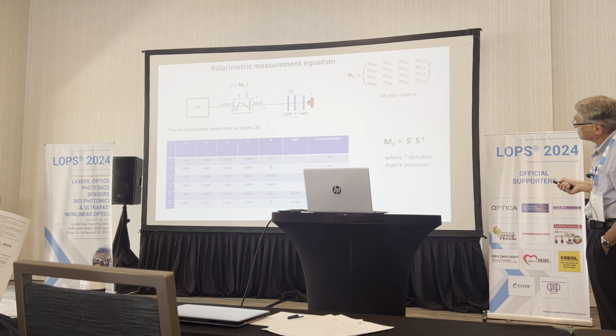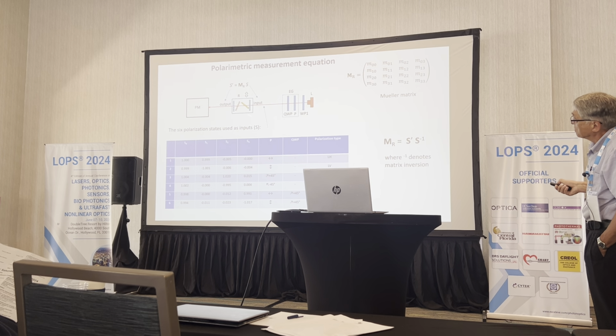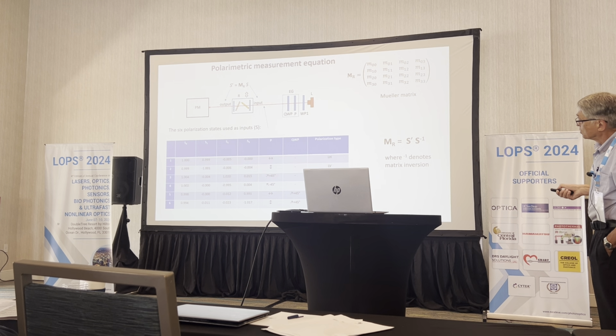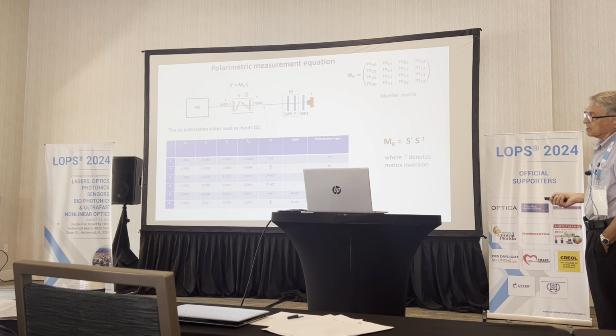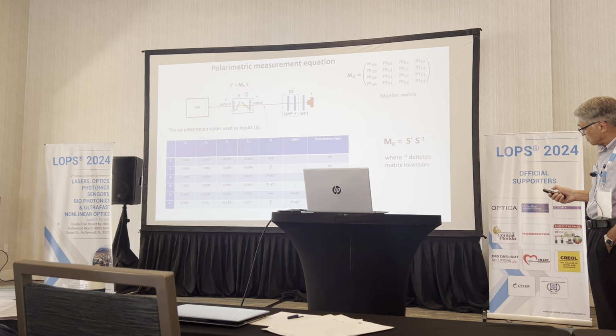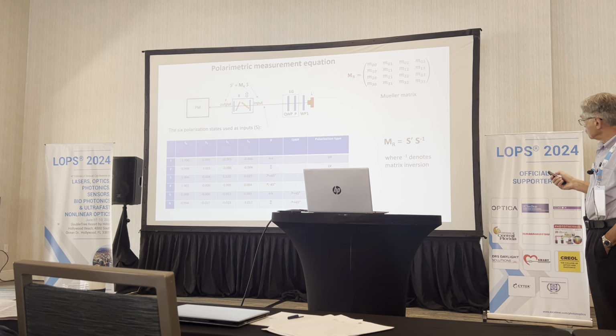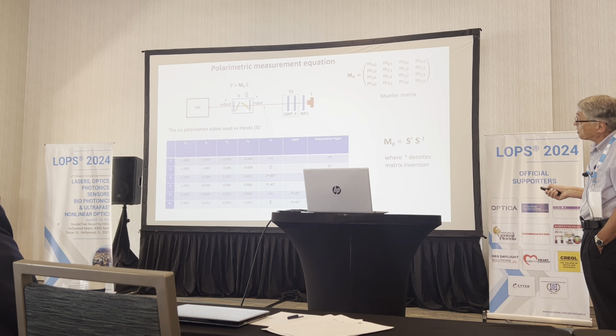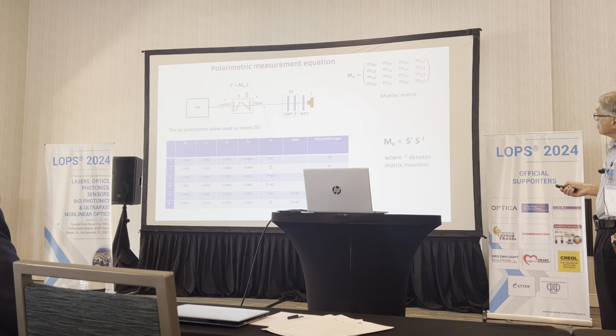You go into the system that you want to measure, whatever it is, and you measure the output. Of the 6 polarization states, you actually need 4. And if you have all 6, then you have an overdetermined system, which is a little bit better. And by using this, you define what's here. So in this way, you can measure the forward path, and you can measure the return path as well. And that's what we're doing.